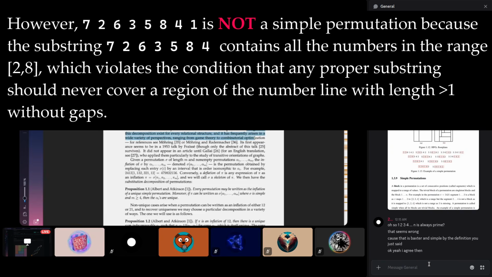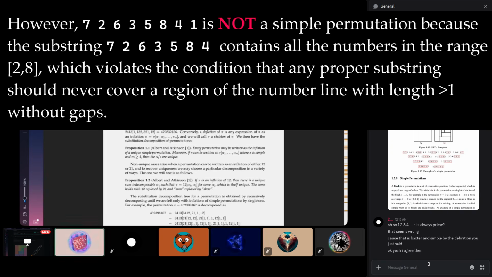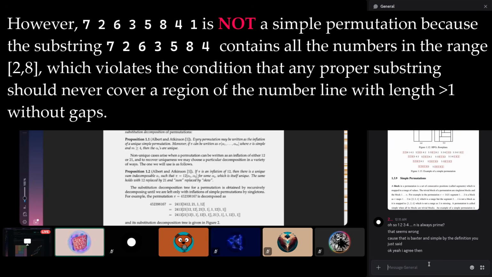Yep. And notice this particular line is very much going in tandem with your conjecture about every mosaic being written as a composition of prime mosaics.